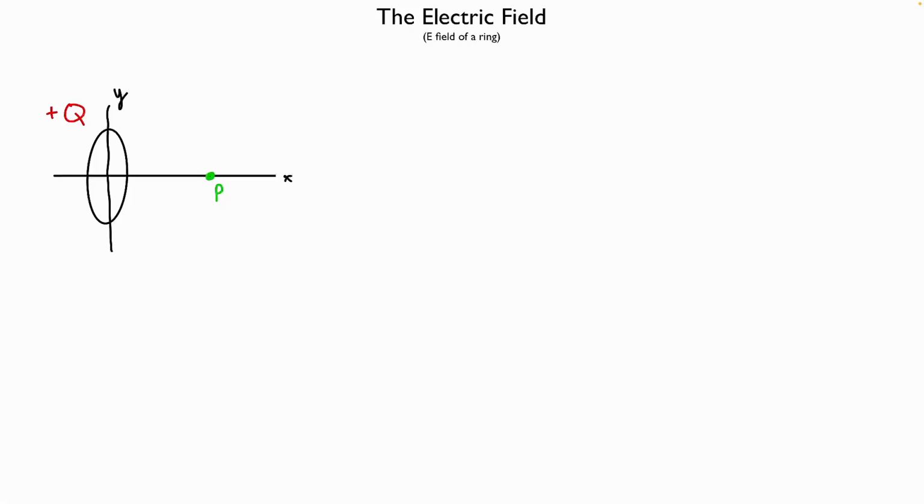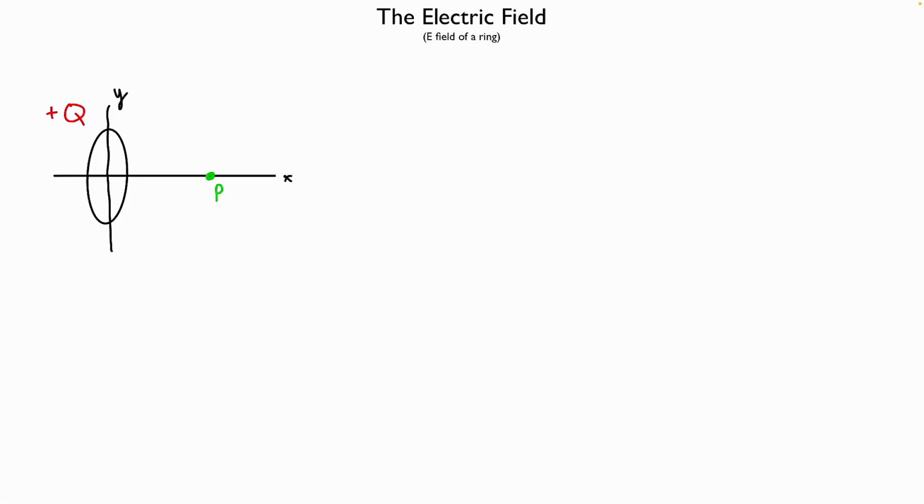So if I'm going to find the electric field at point P, I don't have a single charge, right? I have charge spread out all the way around this thing. So what do I have to do? I've got to break it up, right?